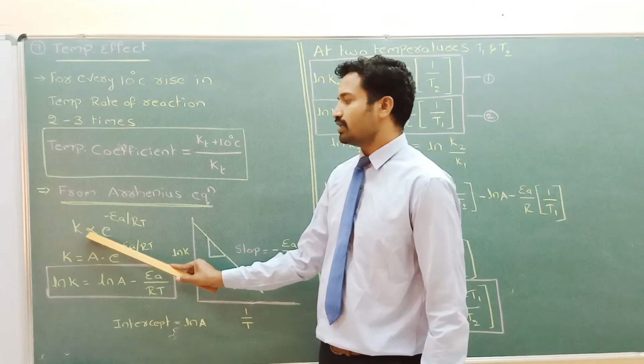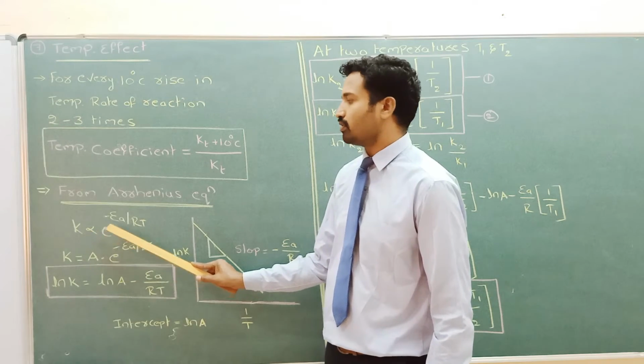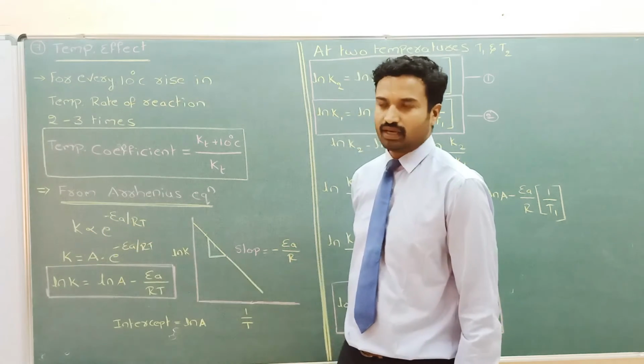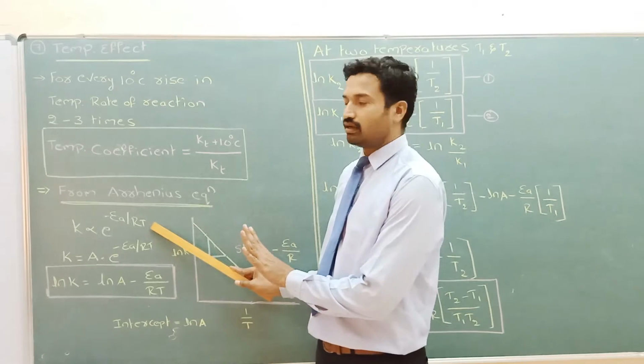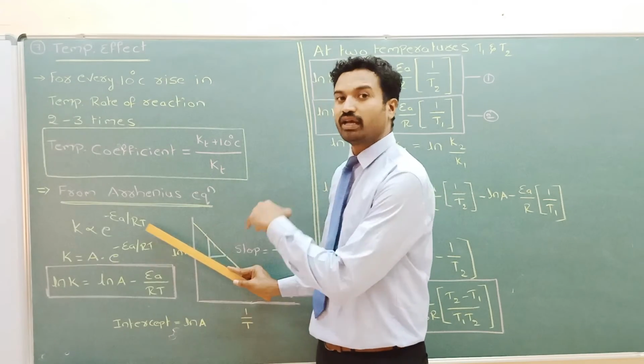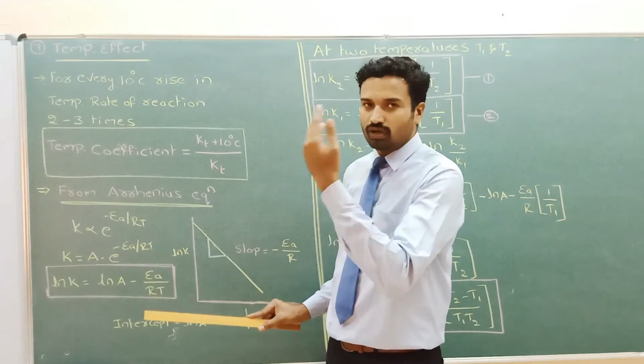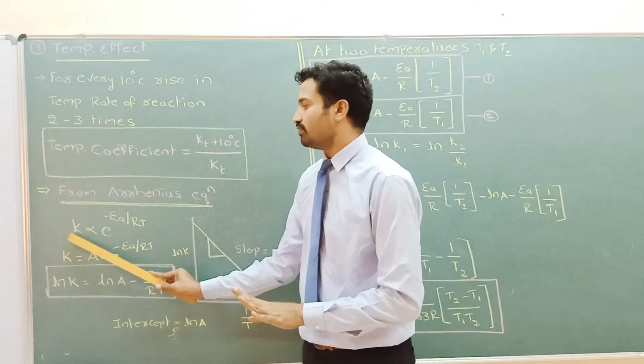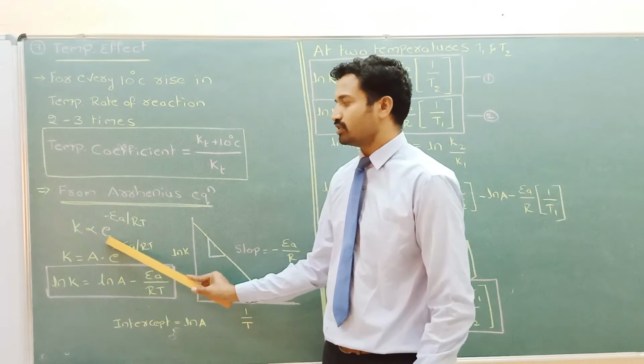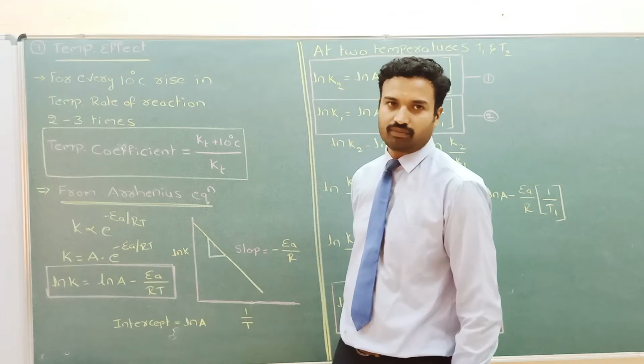Rate constant is directly proportional to exponential to the power of minus Ea by RT. We get this equation from the collision theory. Just remember the formula: K is proportional to e to the power of minus Ea by RT.